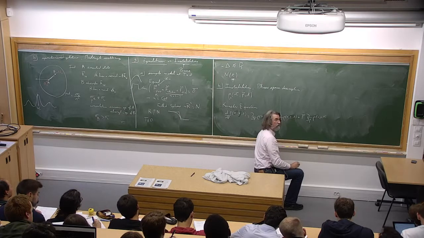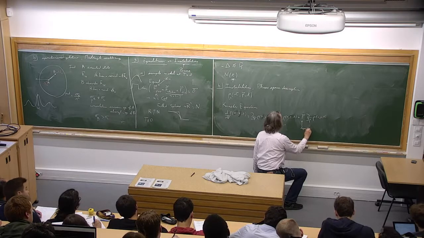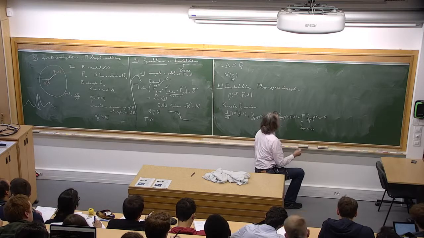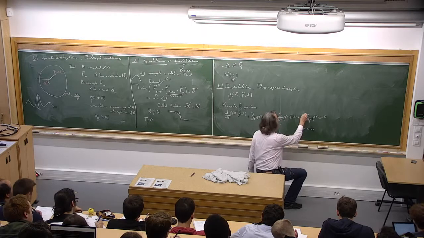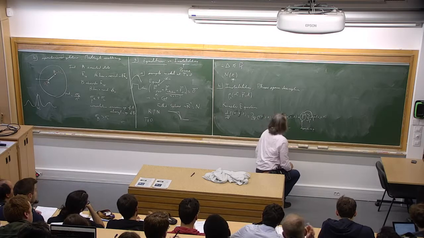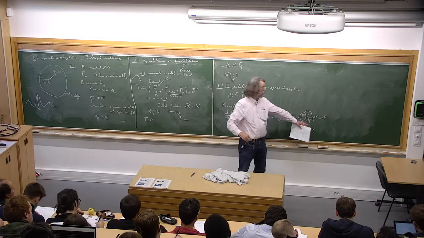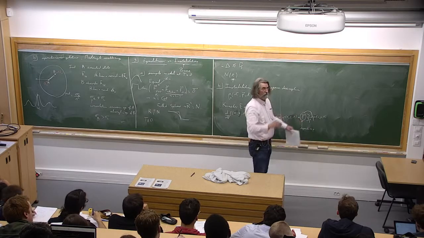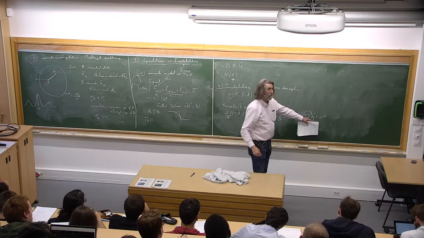Here we have to be careful, because this force depends on p, and in fact what you can show is that in this case you are not allowed to put it here, but you have to move it here. So in fact it is not anymore the Boltzmann equation. This is the usual Boltzmann equation. As the force is not independent of the velocity, you have to take it into the derivative.